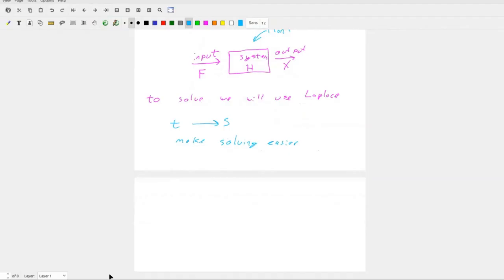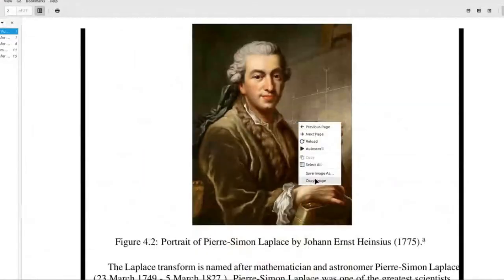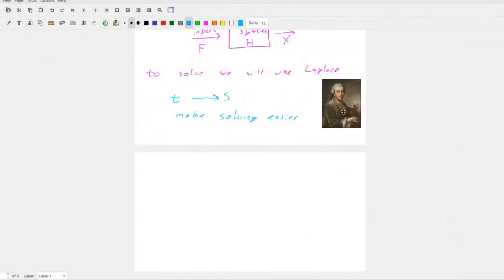Okay, so interesting. Fun fact time. This is Laplace. And why I like Laplace is that Laplace, at the military academy, taught Napoleon during the artillery classes, right?